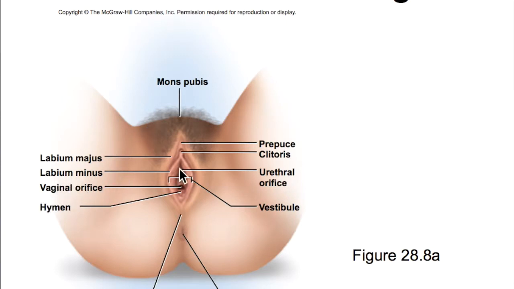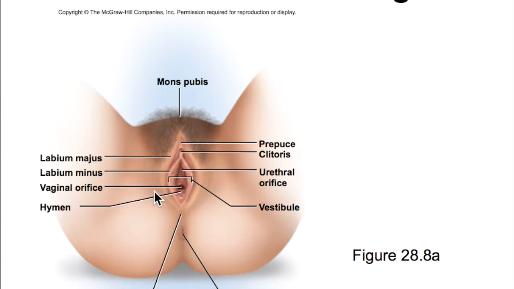Then you have the labia minora, which is the interior folds. Okay, these are medial to the labia majora, and these are hairless. Okay, and then at the very top of the labia minora, you have the clitoris, and this is made up of erectile tissue that creates more of a sensory organ, but there's really no urinary role for it.